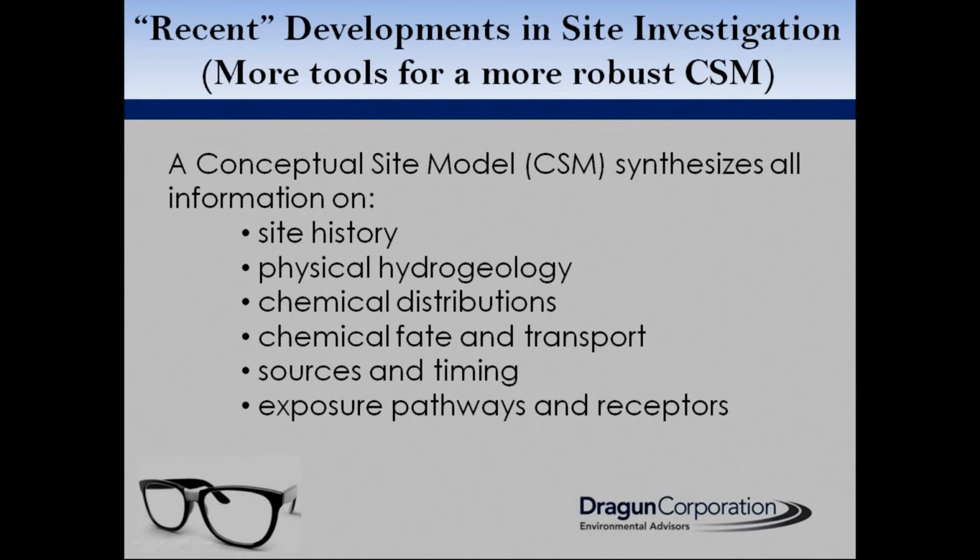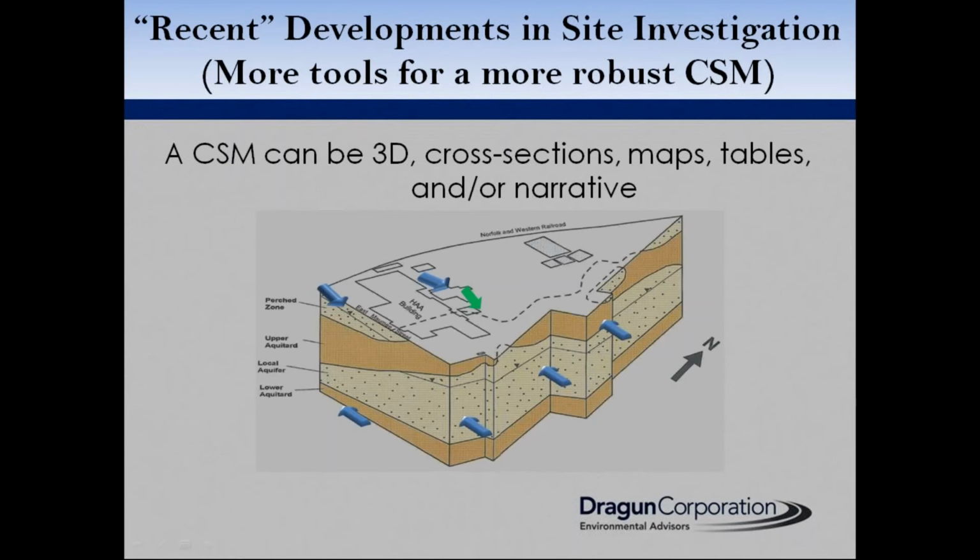The physical hydrogeology, we're going to talk a little bit about some of the tools we use to understand hydrogeology and gather geological data. Also, Mike will talk more about how to try to understand chemical distributions. We'll talk about chemical fate and transport, the sources and timing of releases or spills, and what the applicable exposure pathways and receptors are. All of these things go in together to build your conceptual site model.